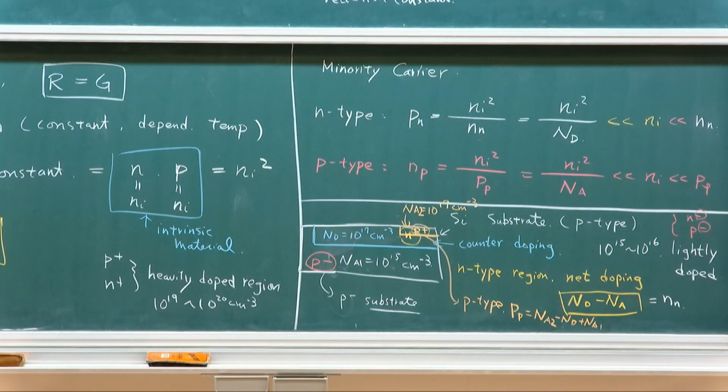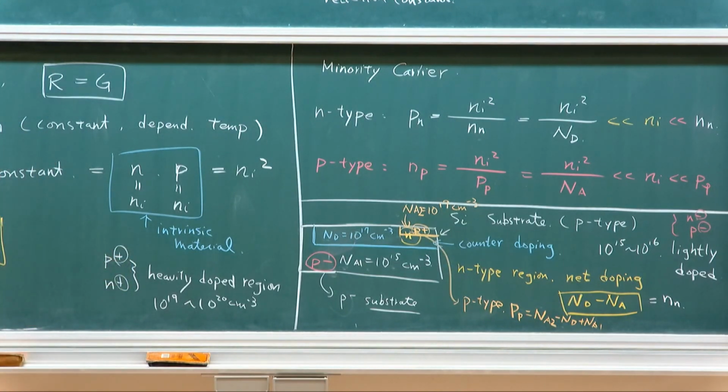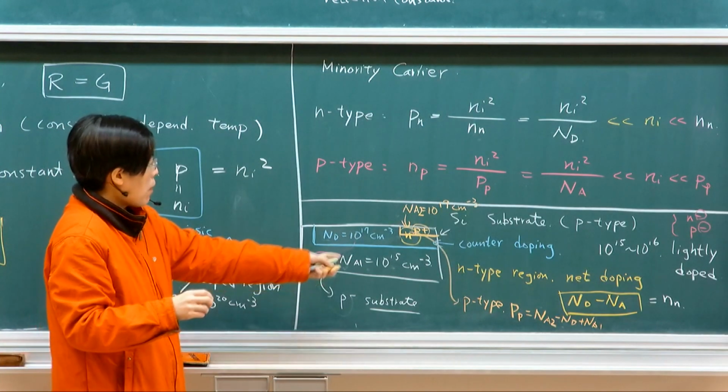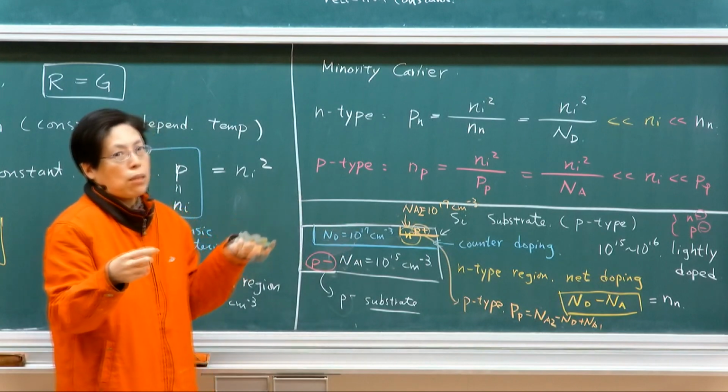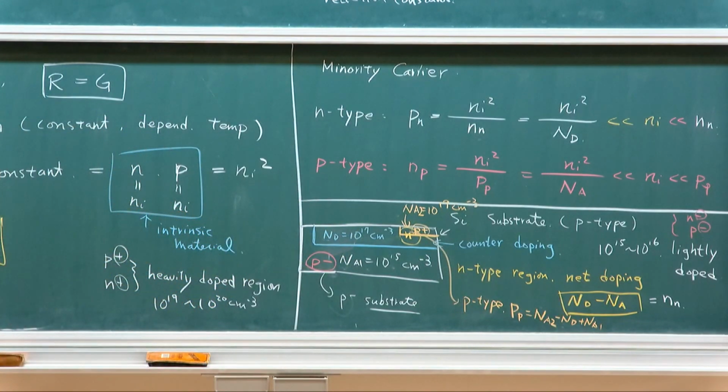So the key thing to take home is that you need to understand what plus means. Simply, it is referred to as a heavily doped region. Minus means lightly doped region. And if I simply label it N or P, it will just be middle range doping.